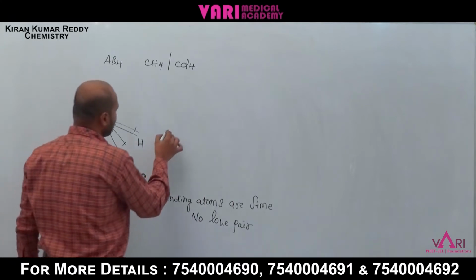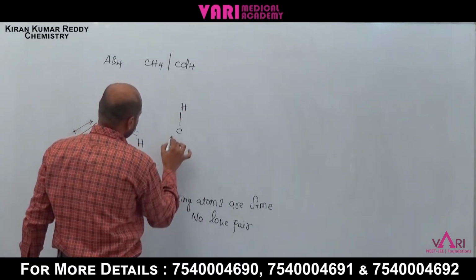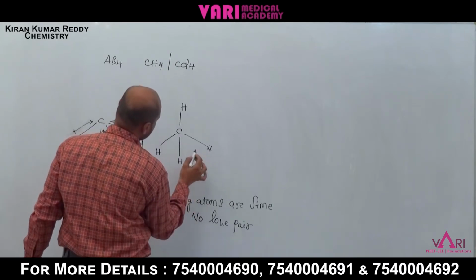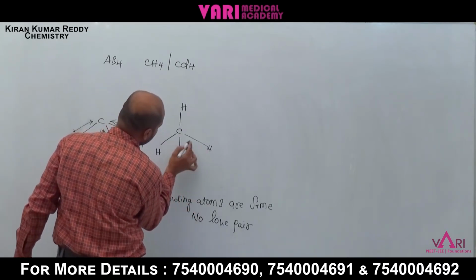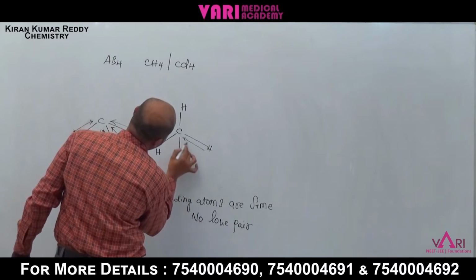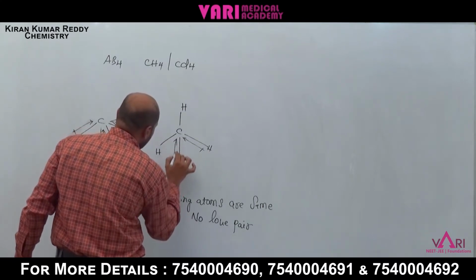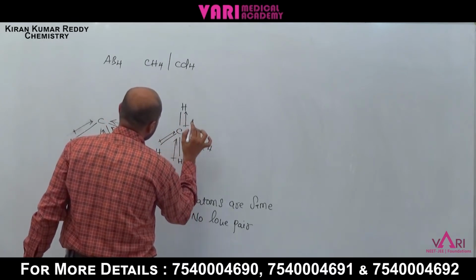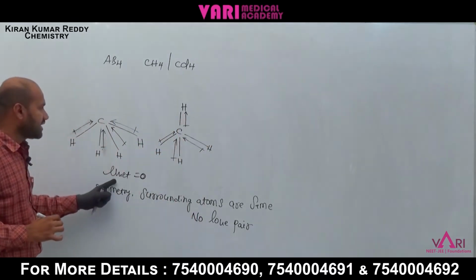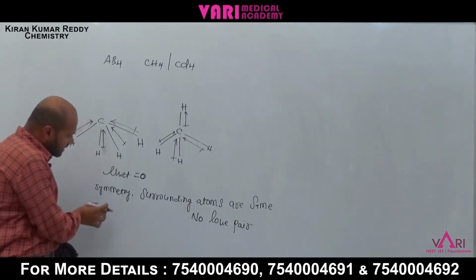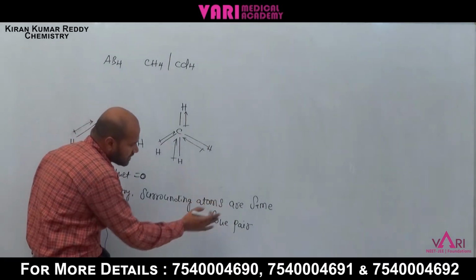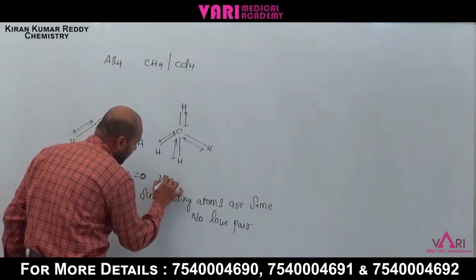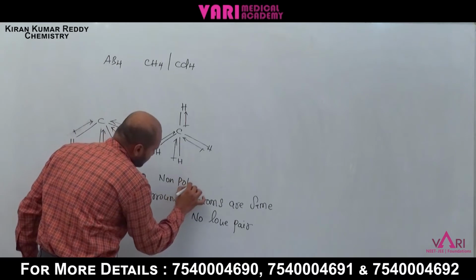We can write the tetrahedral like this also. Now which one is the less electronegative? This one is less electronegative. Hydrogen to carbon. Here also hydrogen to carbon, here also, here also. Why? The mu net resultant vector is 0 because symmetry and surrounding atoms are same. No lone pair. Mu net is equal to 0. That molecule will be non-polar.